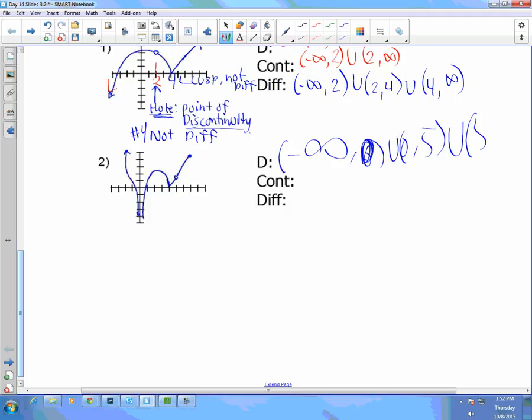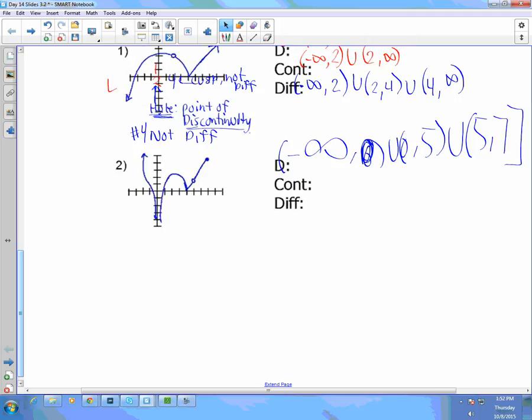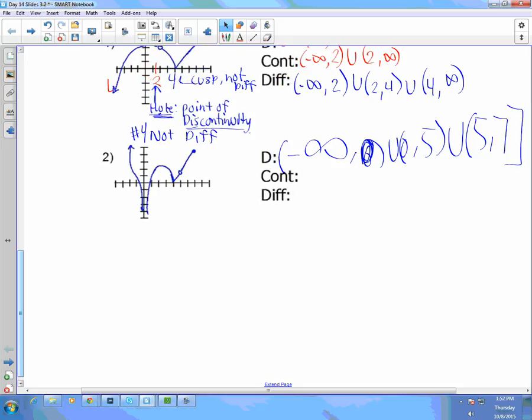That's good. Now let's look at what I have. Negative infinity to 0, 0 to 5, 5 to 7 with a closed bracket on 7. What do you think about that? Yes, because we have a very obvious filled-in point at 7, I would agree with that. Any questions about the domain?